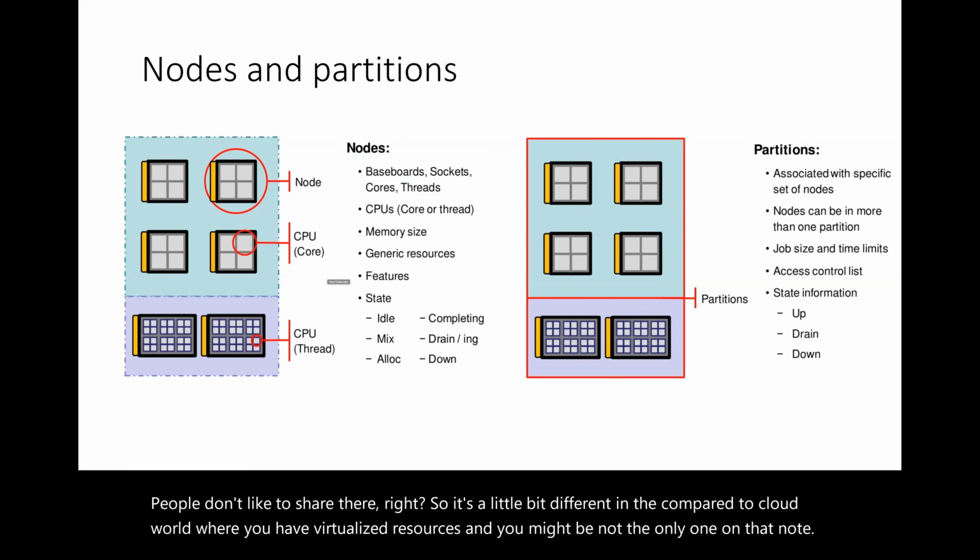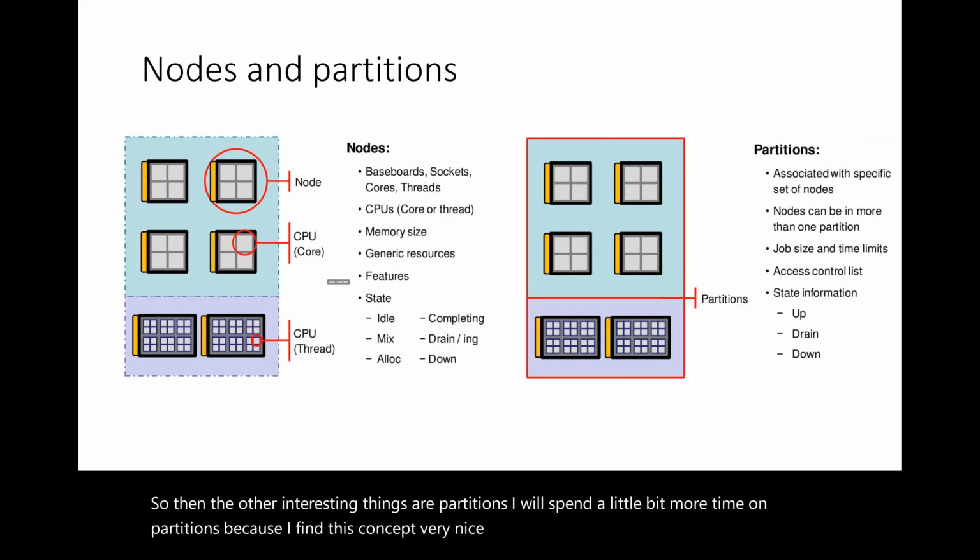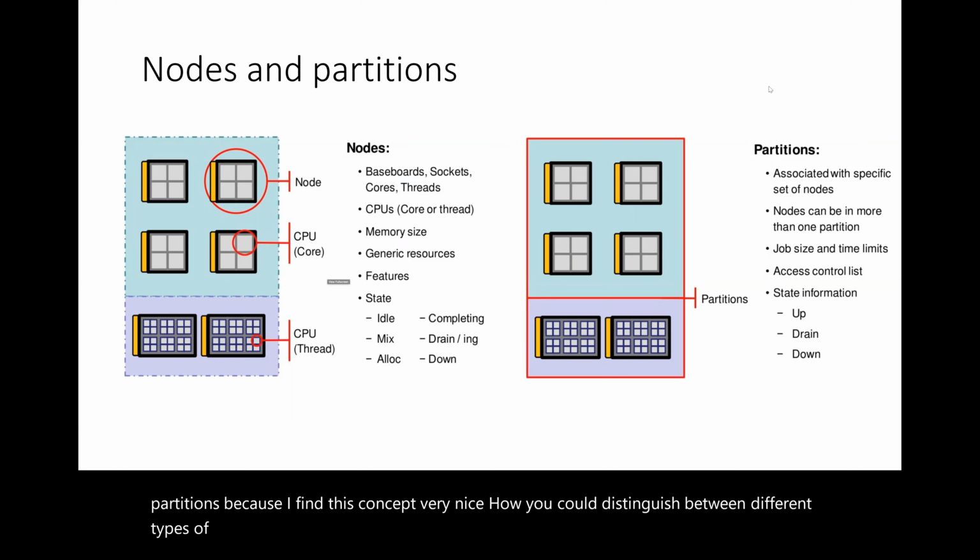So then the other interesting thing is partitions. I will spend a little bit more time on partitions because I find this concept very nice, how you can distinguish between different types of resources. You could group pieces of your cluster in partitions. You can tell this part of the cluster is partition 1, this part is partition 2.